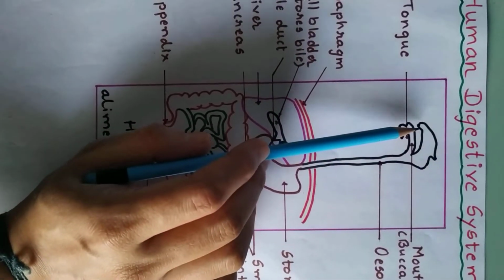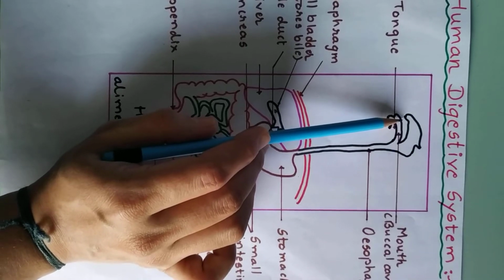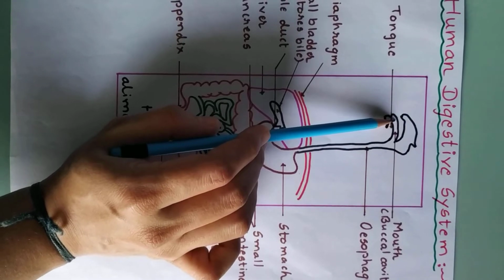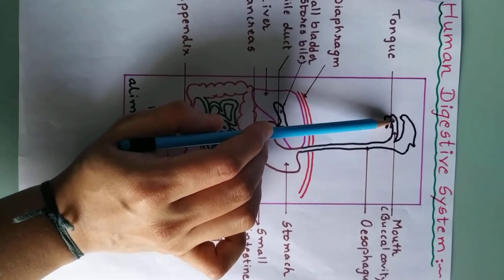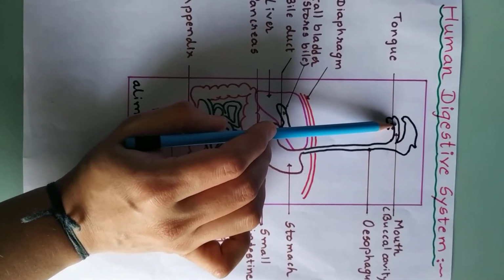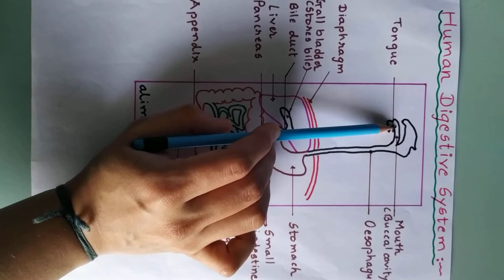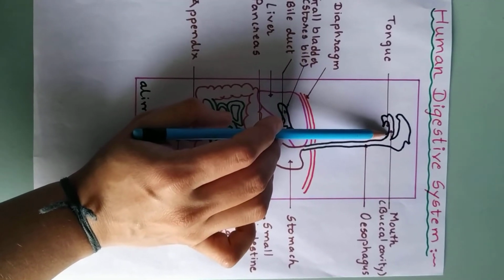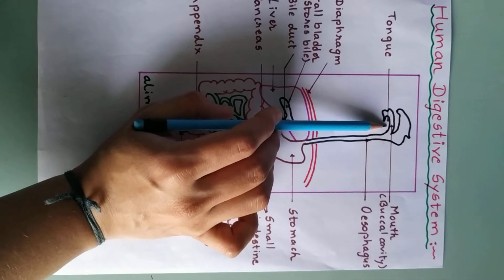Food enters from the mouth. The mouth contains the tongue and teeth. Teeth break down the food into small pieces. The tongue mixes your food, and during this process saliva is secreted, which makes your solid food into a semi-liquid, semi-solid part.